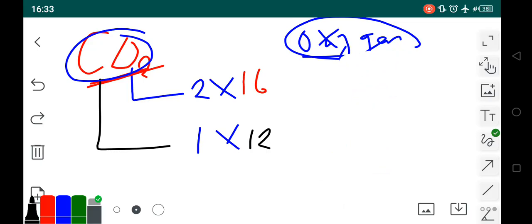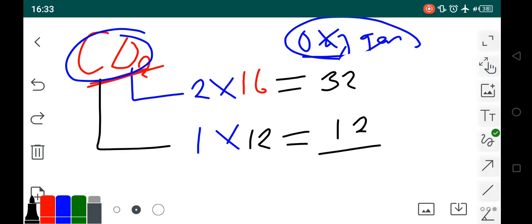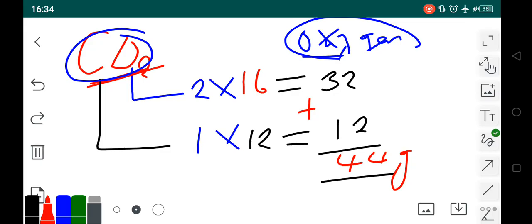Once you do that, what you are going to get is 2 times 16, simply 32, and then 1 times 12, simply 12. And you now add these numbers. So 32 plus 12, you're going to get 44. So now this is the mass of this compound.